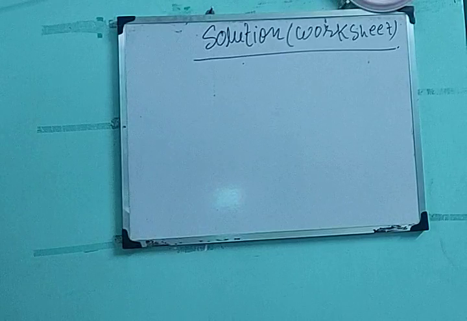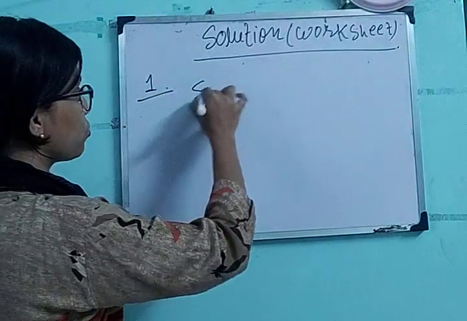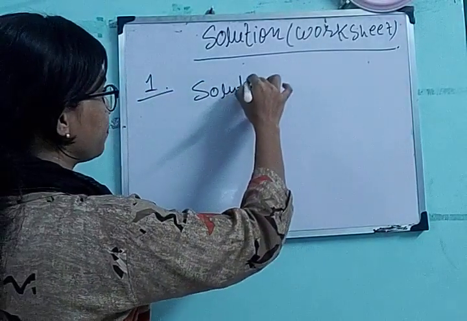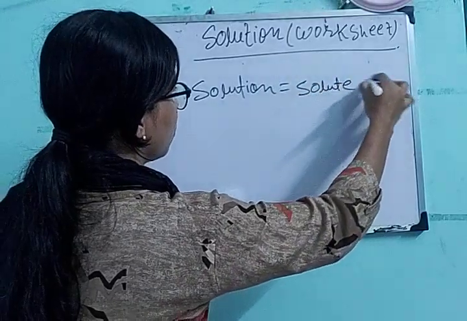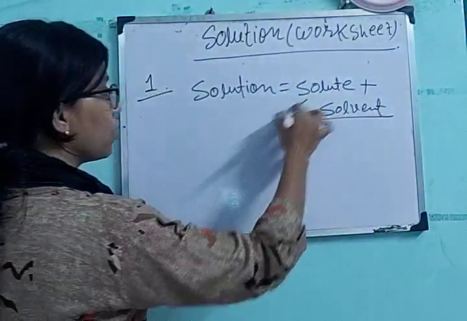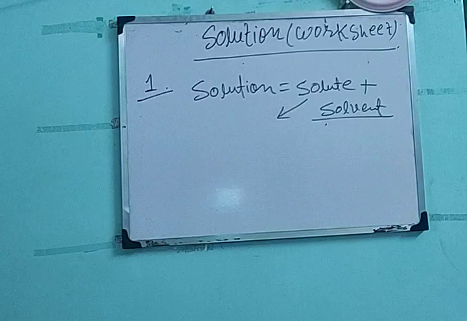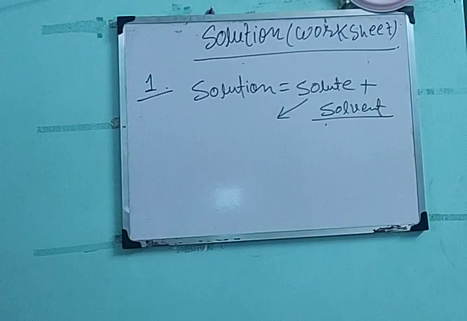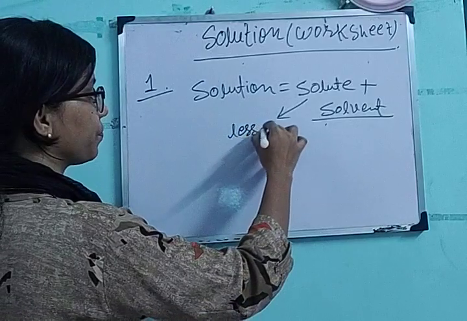The first question in solution is: what is a solution? A solution is actually made of solute plus solvent, and it is a homogeneous mixture of solute and solvent, where the solute is present in lesser amount.